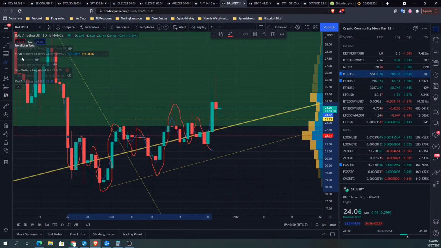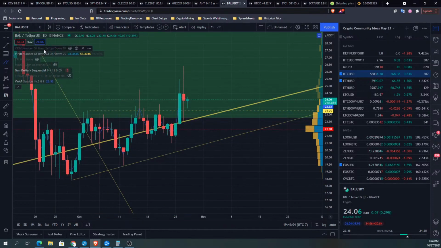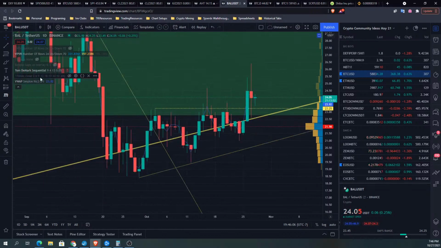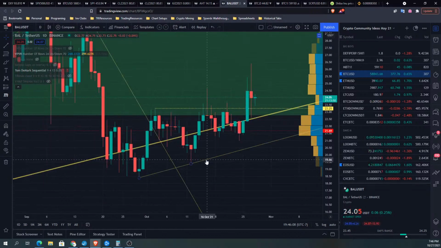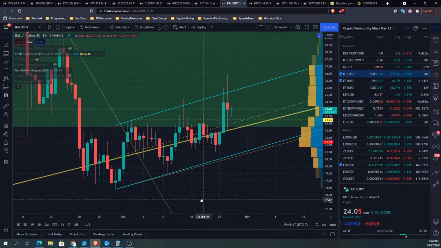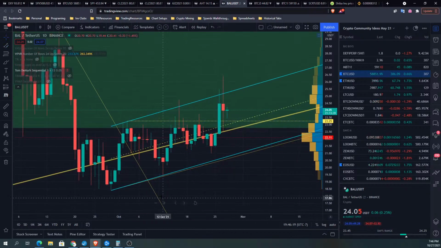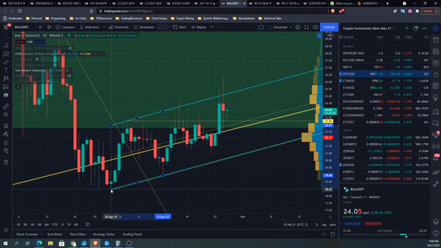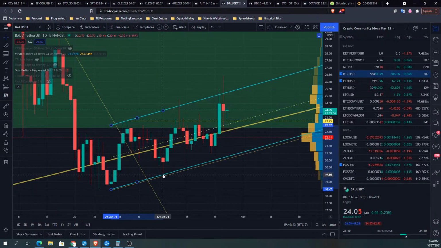Probably you could even, kind of what you see here with this trend line, you could go there to there to there, and that actually defines the channel. Something like that.